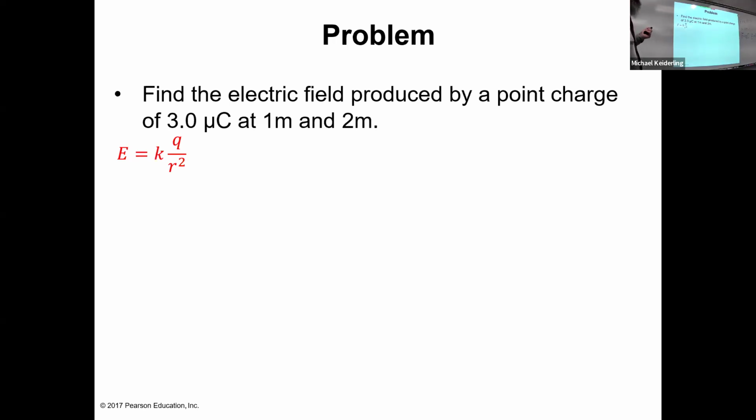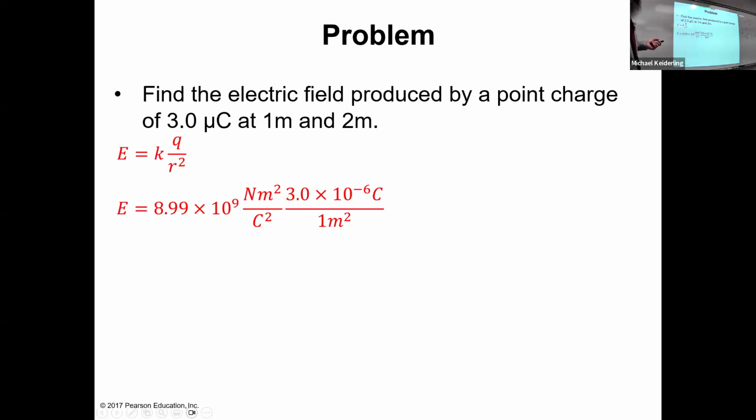So at 1 meter, k is 8.99 times 10 to the 9 newton meters squared per coulomb squared, times 3 times 10 to the minus 6 coulombs, that's 3 microcoulombs, divided by 1 meter squared, which is 2.7 times 10 to the 4 newtons per coulomb.